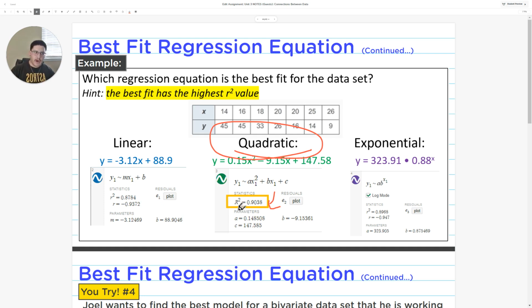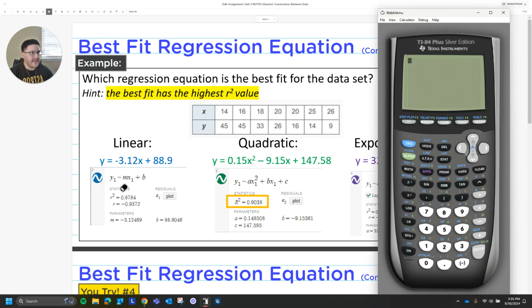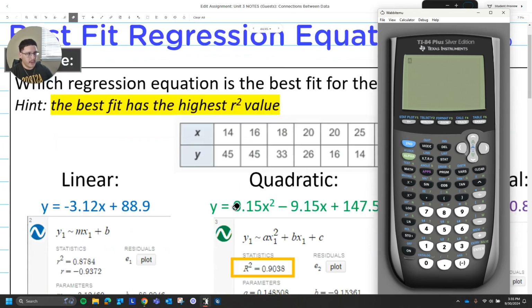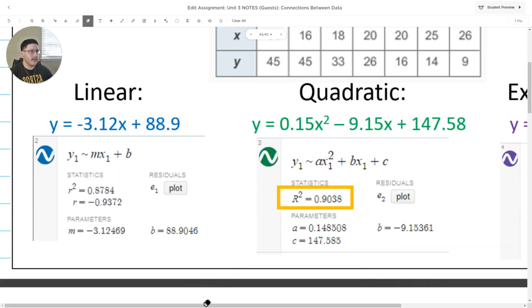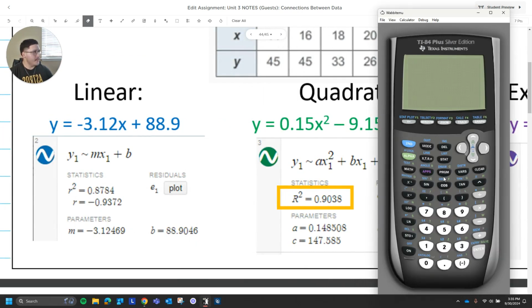Sometimes you're not given the R squared though. Sometimes you're only given the R value. And then from there you have to know how to get the R squared value. Well, simply put, if you're given the R value, let me zoom in a little bit so you can see some of these numbers better. You just square it.